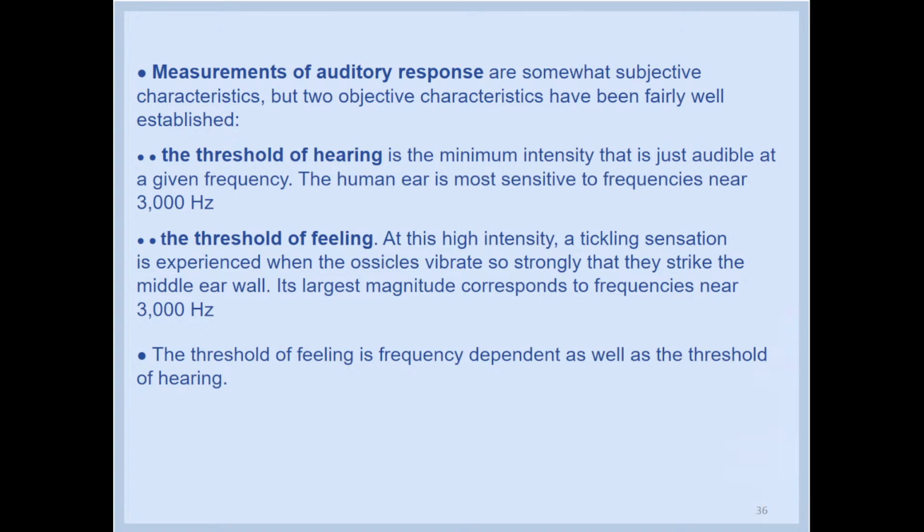At this threshold of feeling, at this high intensity, a tickling sensation is experienced when the ossicles vibrate so strongly that they strike the middle ear wall. Its largest magnitude corresponds to the frequencies near 3,000 Hz. This threshold of feeling is frequency dependent as well as the threshold of hearing.